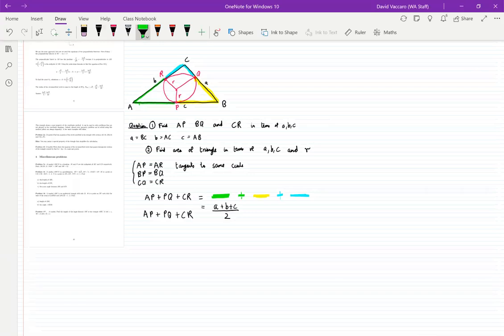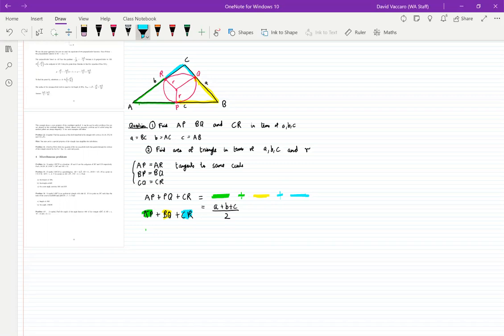So what I've done here is I've added a green AP, a yellow BQ, and a blue CR.